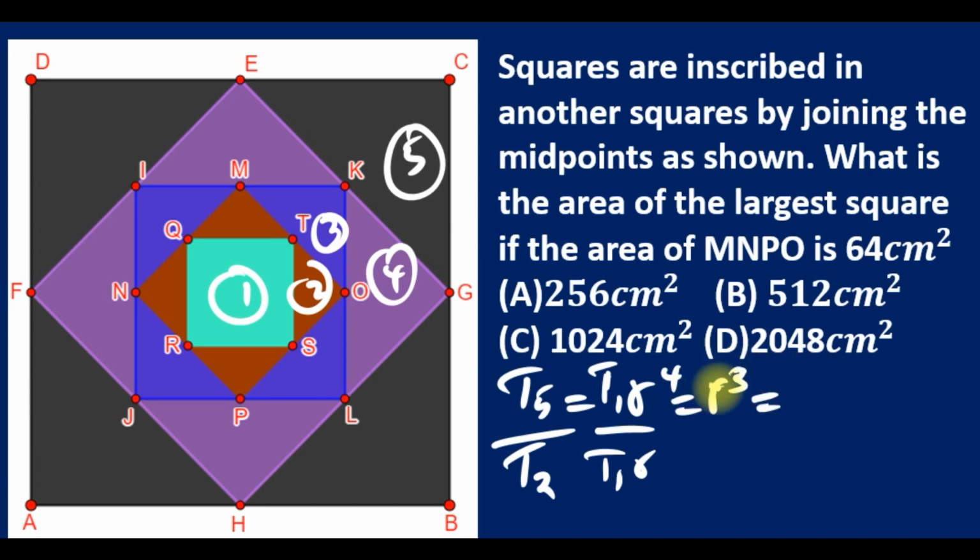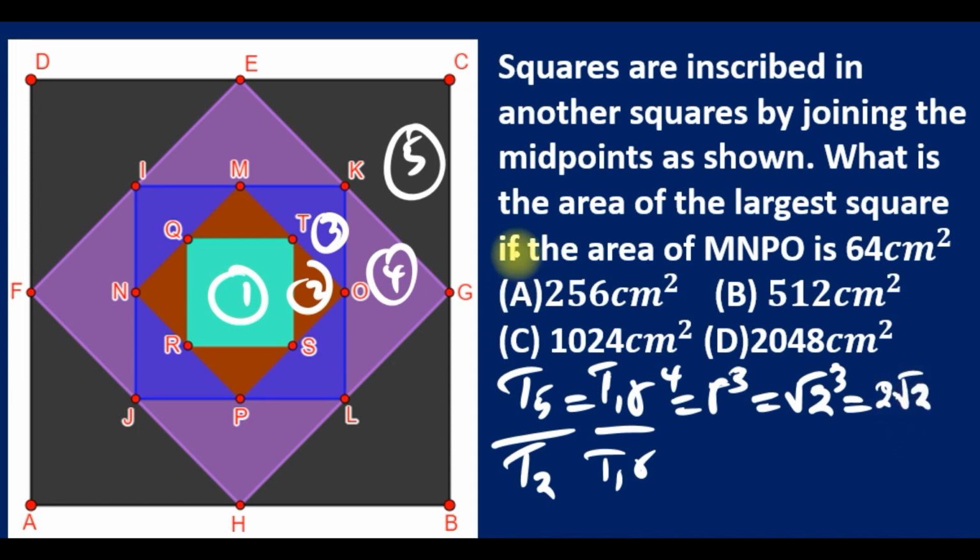And we've known that the common ratio is root 2. So whenever you inscribe squares like that, the common ratio is root 2. So root 2 raised to the power 3 is 2 root 2.